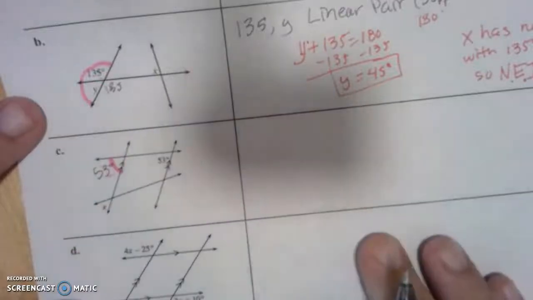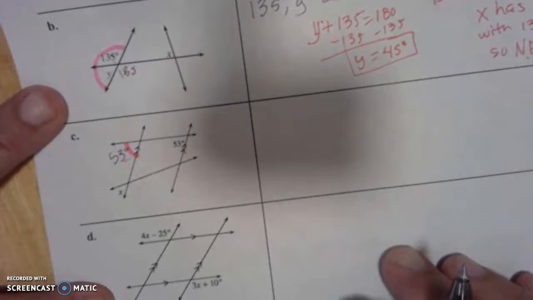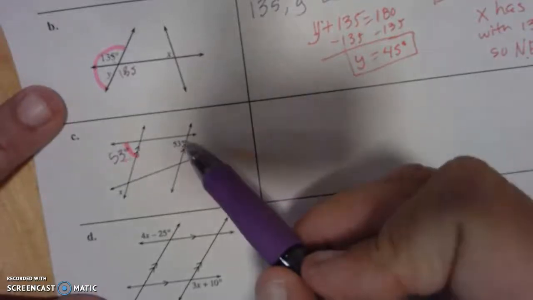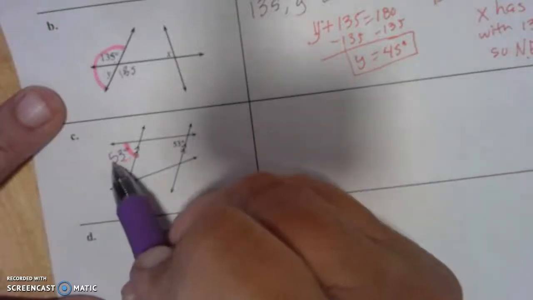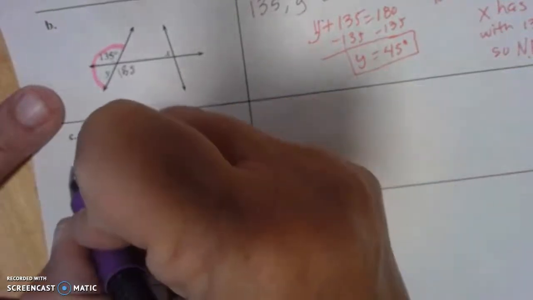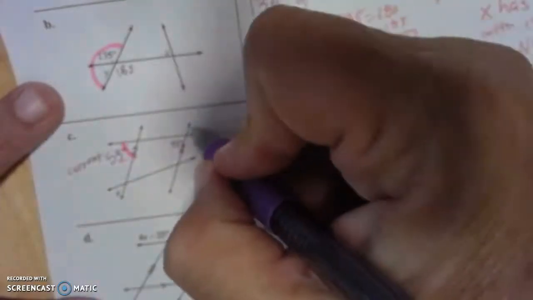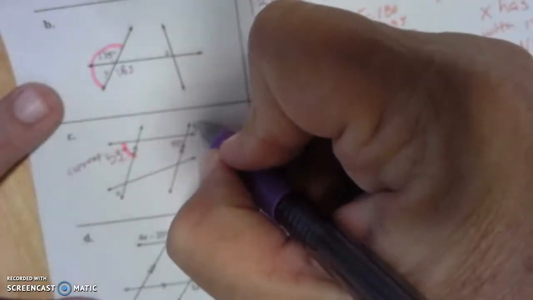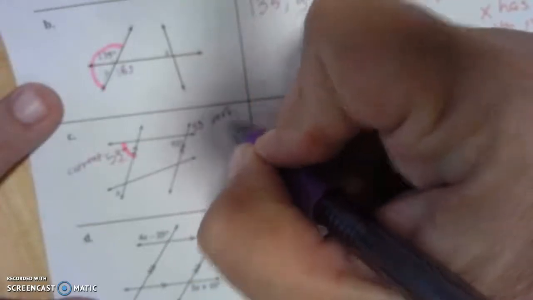And you're saying that has nothing to do with X. I go, I know, but I'm trying to figure it out. Let's see. This is 53. Why is that? Okay. Why is this one 53? That's corresponding. Okay. This is 53, 53 because it's vertical angles.